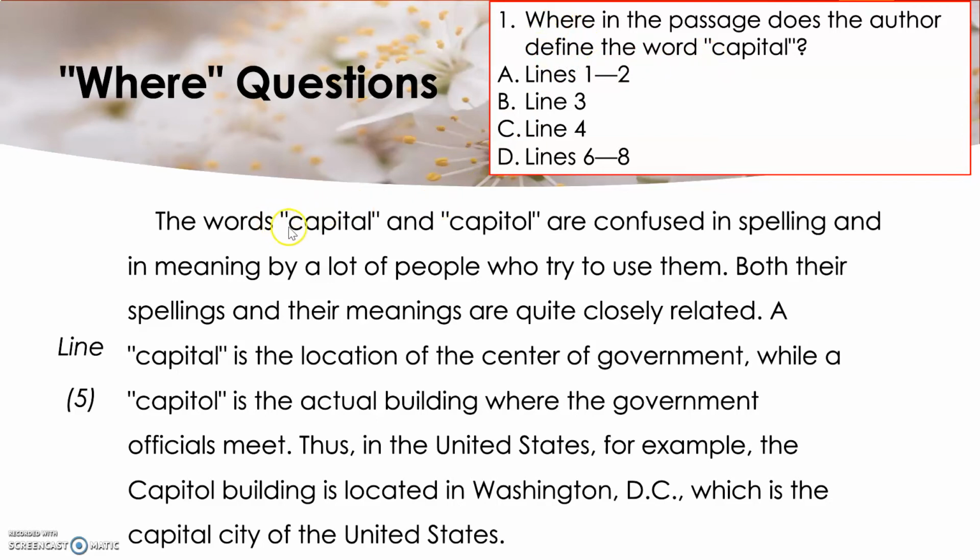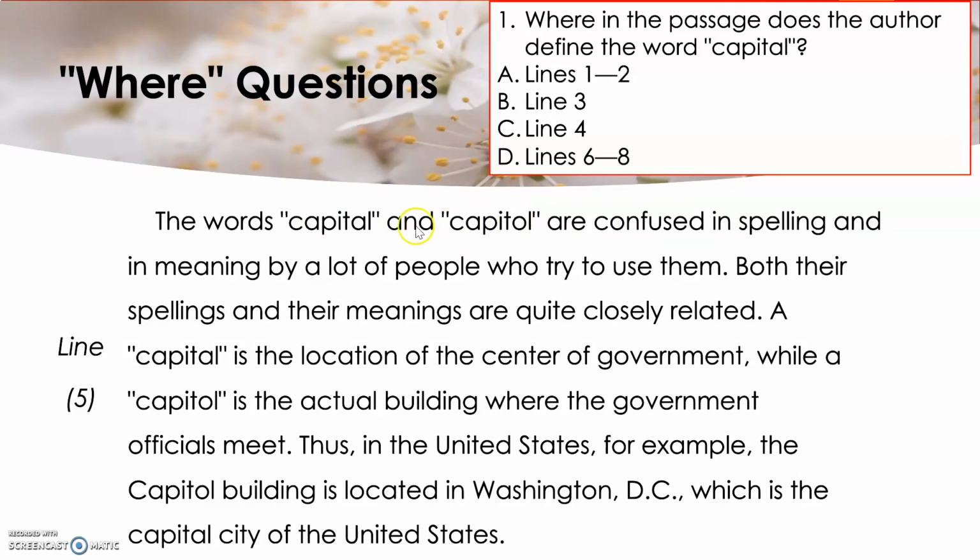We see there's a word capital in the first line, but it's not explaining the definition. It says the words capital and capitol are confused in spelling and in meaning by a lot of people who try to use them. So it's not the definition; it's an explanation about the confusing meaning and spelling.